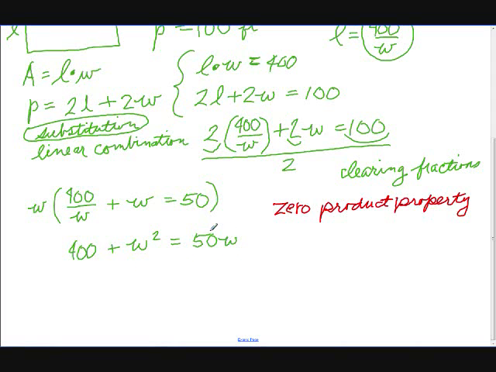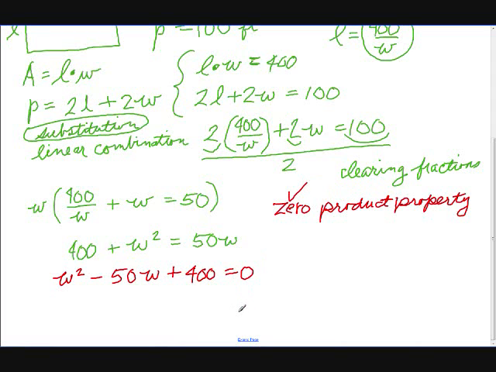I can take this equation and subtract 50W from both sides. The other thing I'm going to want to do is line these up in descending power order, sort of standard form. So I'm going to swap these around. It's going to be W squared, subtract 50W from both sides, plus 400 equals 0.